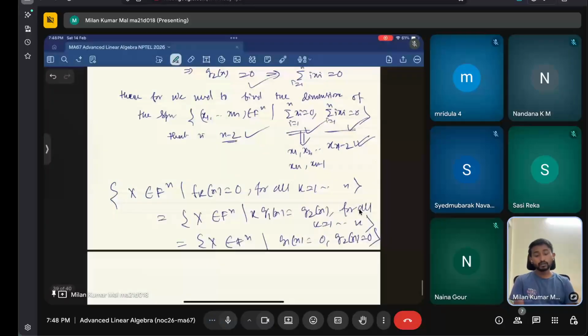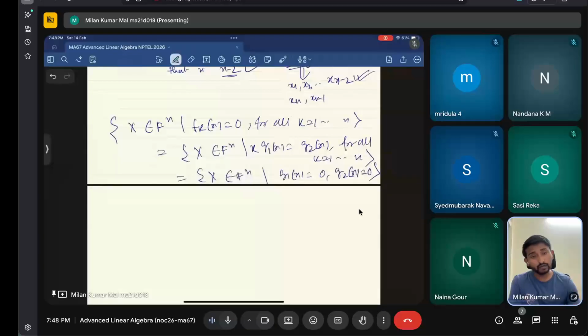Because if fk equals 0 for all k from 1 to n, that forces k g1(x) equals g2(x) for all k, and that forces g1(x) equals 0 and g2(x) equals 0. Conversely, if g1(x) equals 0 and g2(x) equals 0, you automatically get k g1(x) equals g2(x), and that automatically gives fk(x) equals 0. I hope this is clear.